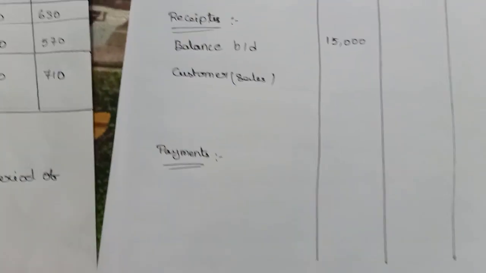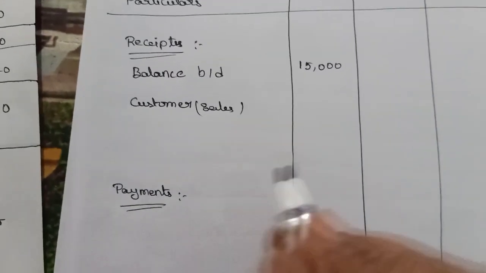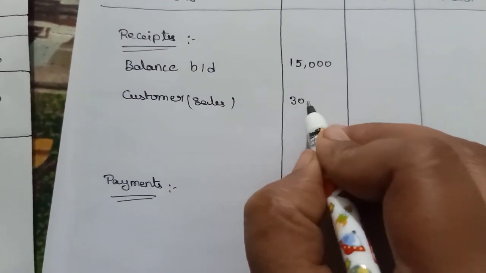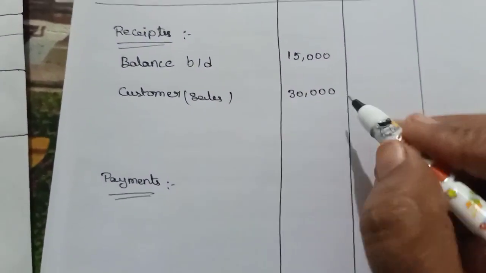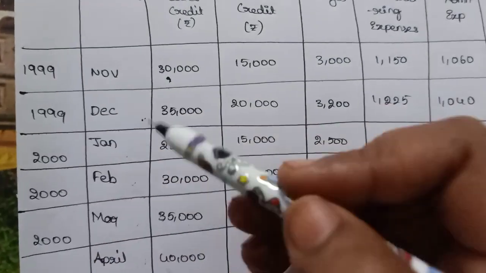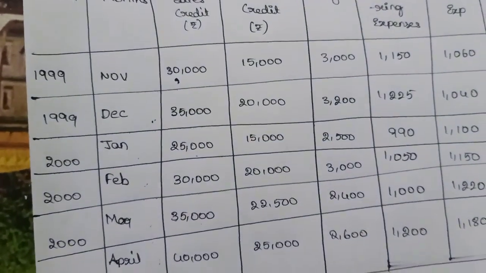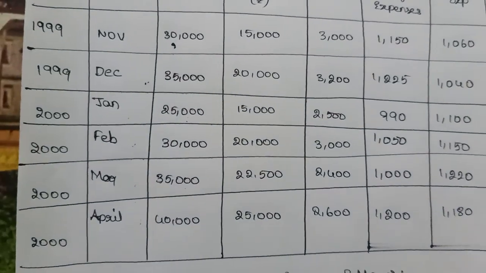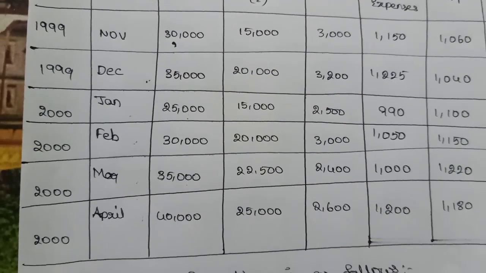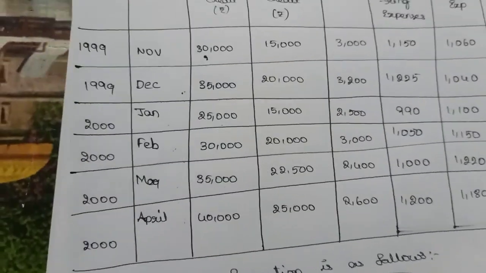So we can call the customers creditors for the sales. So what are they allowed? The customers are allowed a credit period of 2 months sales. So we have to write in January 30,000, which is the amount in November. So we are offering them 2 months, we are accepting, okay, that you can pay later. So when we are noting in January, we have to write the sales from 2 months earlier.